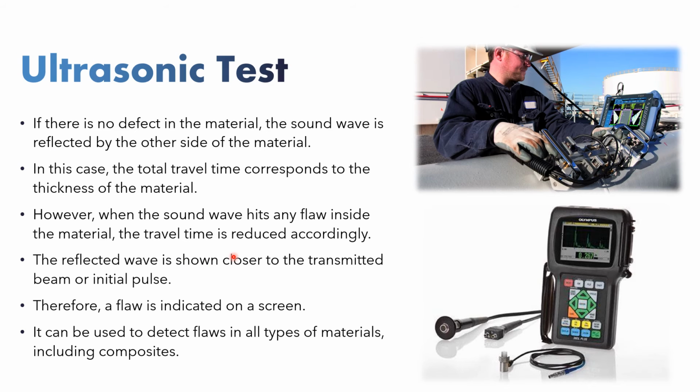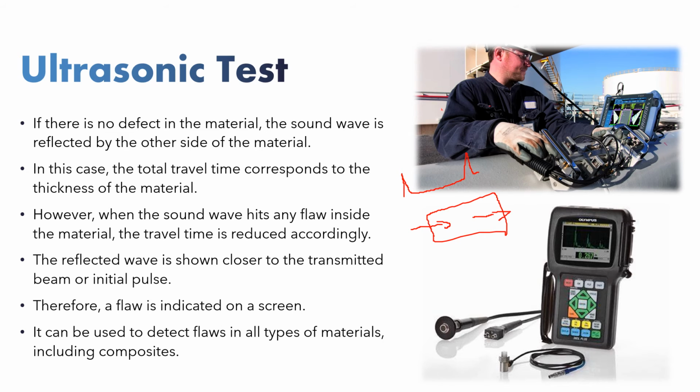So if there is no defect in the material, your sound wave is reflected by the other side of the material, and the total travel time corresponds to the thickness of that material. So you can see that you have a material, and you're testing by sending the sound wave through it, and it's going to come out, and you will be seeing a pulse, 1 and then 2.